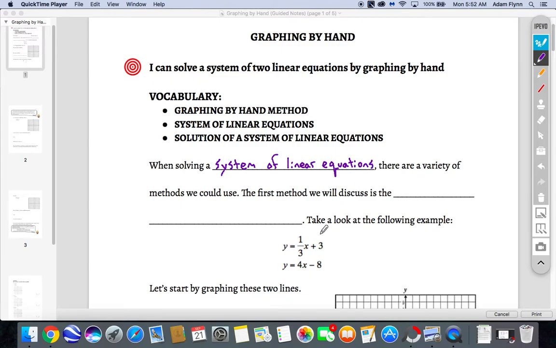The first method we will discuss is the graphing by hand method.